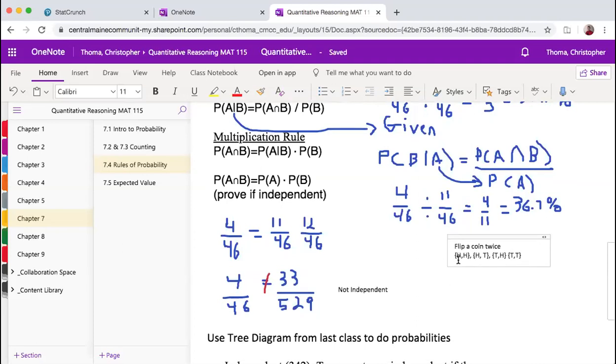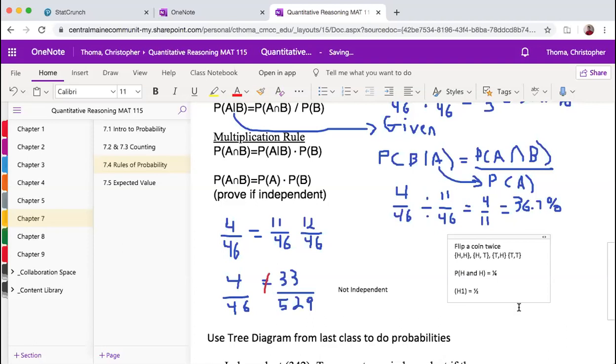So the probability of getting heads and heads, right? Getting two heads in a row. Well, there's only one of them that has two heads, and there's 4 possible scenarios. So the probability of heads and heads equals 1/4, right? So if we use our probability formula to prove they're independent, the probability of heads on the first flip equals 1/2.